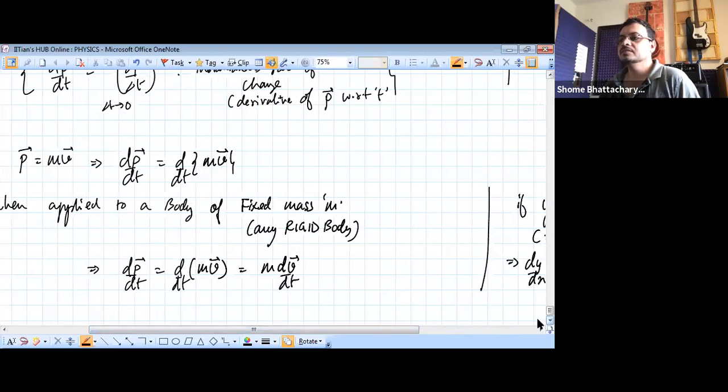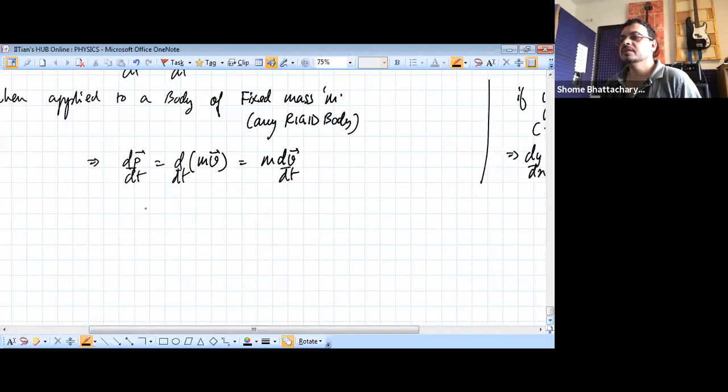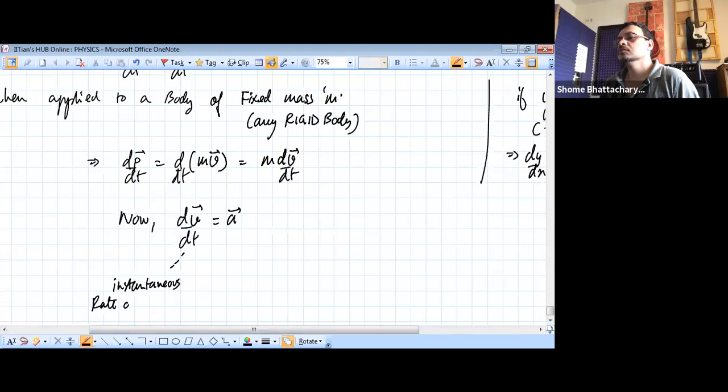So what is the derivative of velocity now? By definition, the instantaneous rate of change of velocity with time is nothing but the instantaneous acceleration. This is a definition from kinematics.